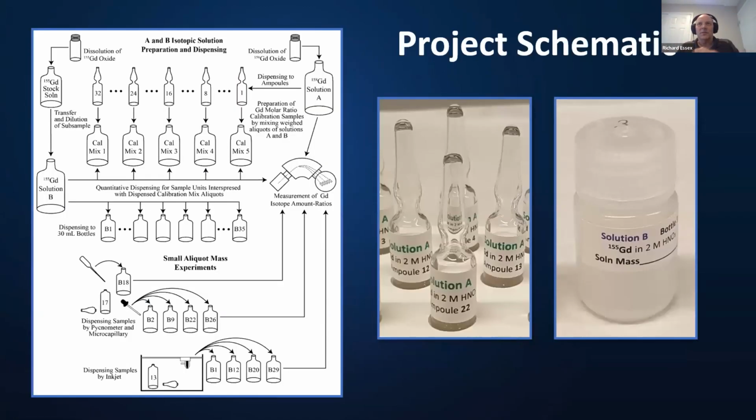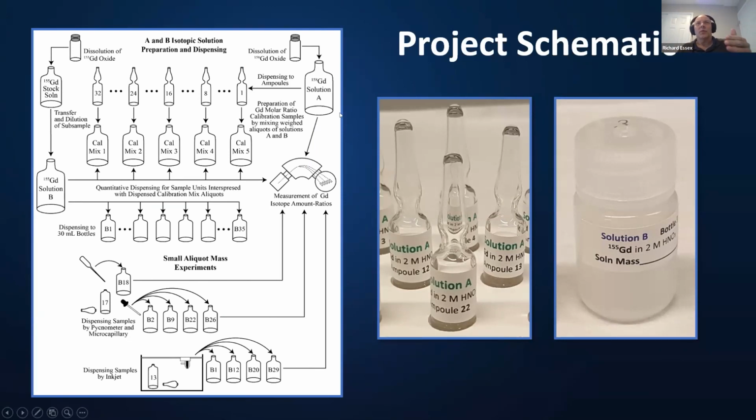So very briefly, this is what we did. As I mentioned, we made these enriched solutions with gadolinium 155 and 158, with the 158 as our quote unquote sample, our more concentrated material. And then we made a less concentrated spike solution that we would be adding the quote unquote samples to.